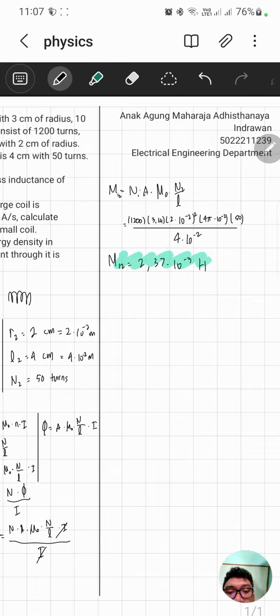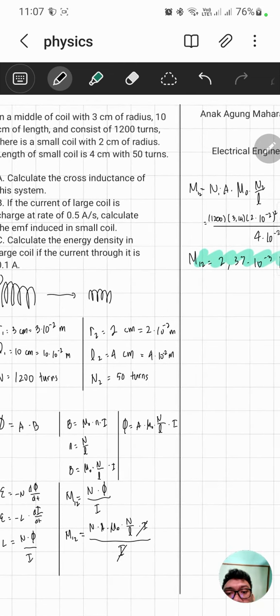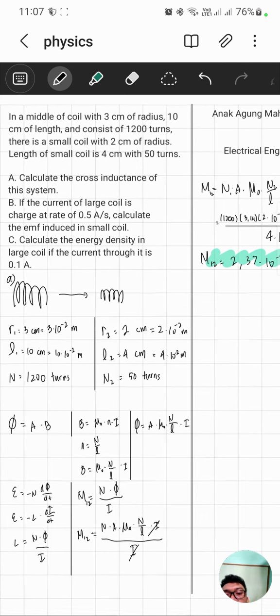And then we need to solve the second problem. If the current of the large coil is changed at a rate of 0.5 ampere per second, calculate the EMF induced in the small coil.